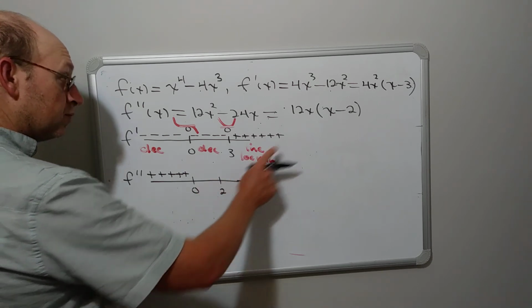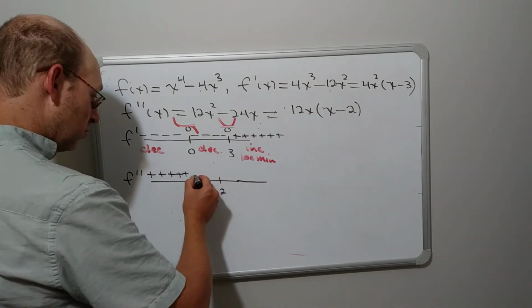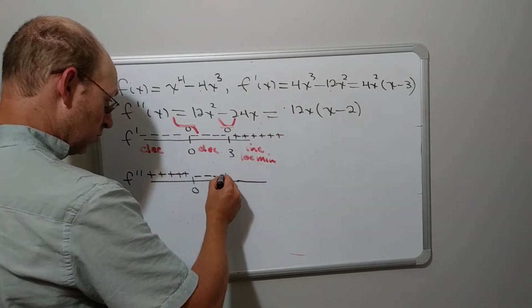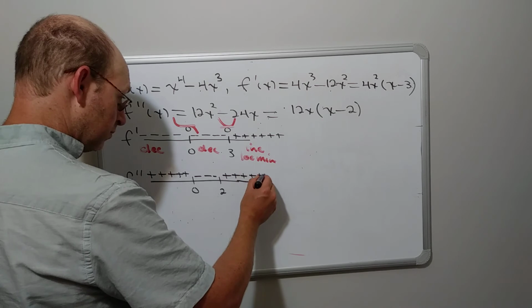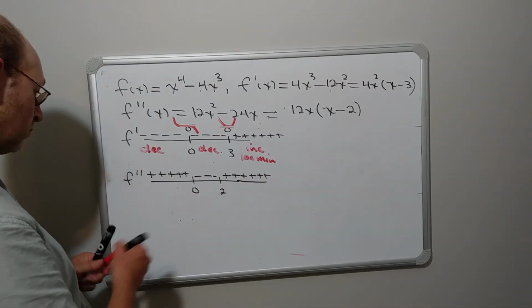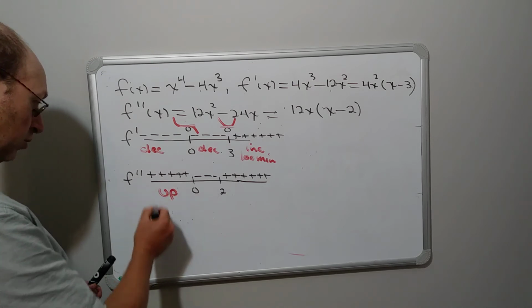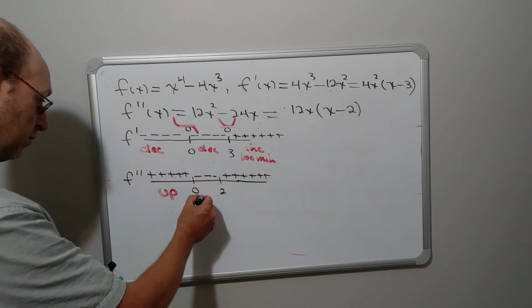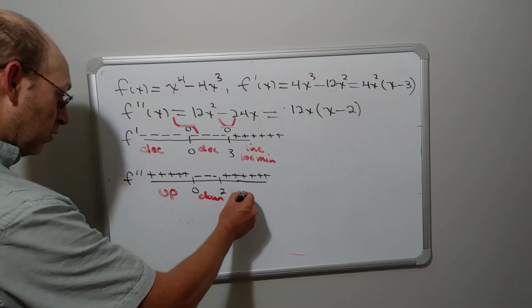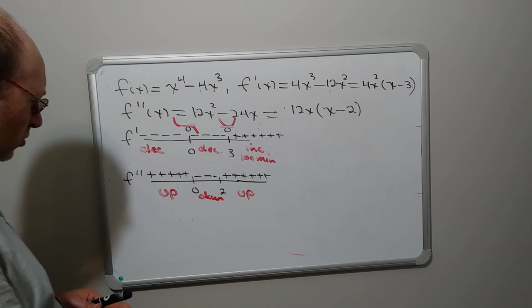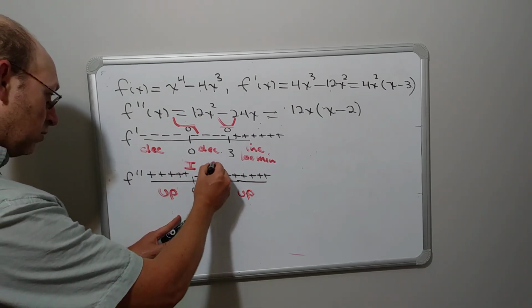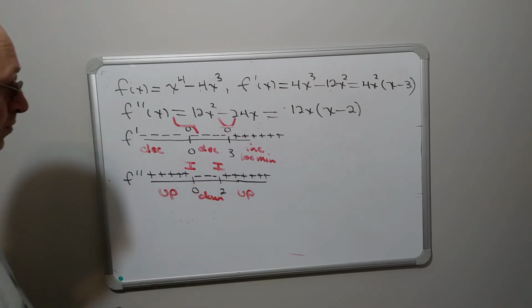Plug in 1. Positive times a negative is negative. Plug in 3, positive, positive, multiply to be positives. Okay, so what we know is we're concave up here, we're concave down between 0 and 2, and we're concave up. So we have two inflection points.